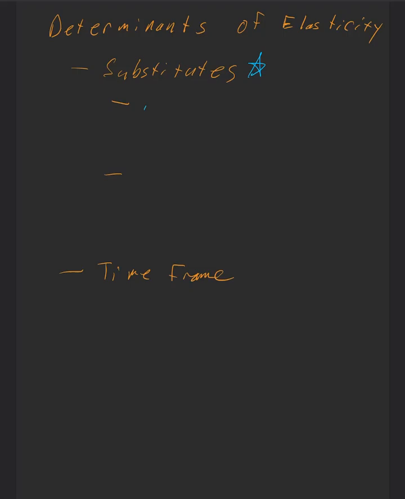One is the number of substitutes, and the other is the quality of substitutes. How sensitive I am to the price is determined by how easily I can move away from that good. So we're talking about determinants of elasticity. In this case, we mean demand elasticity.